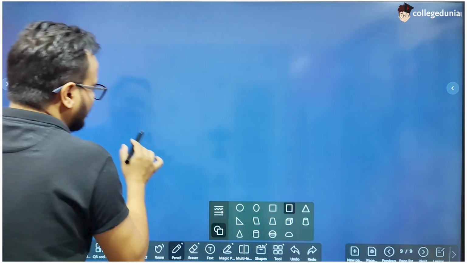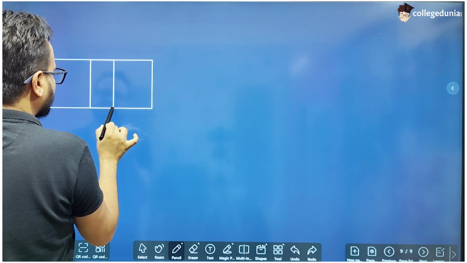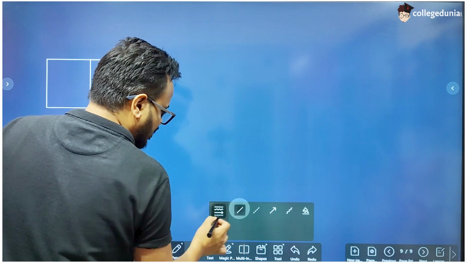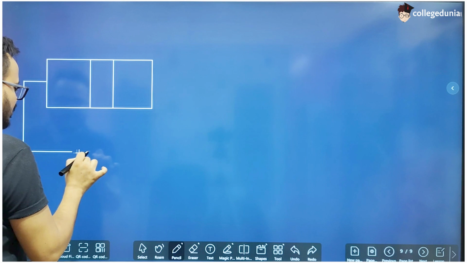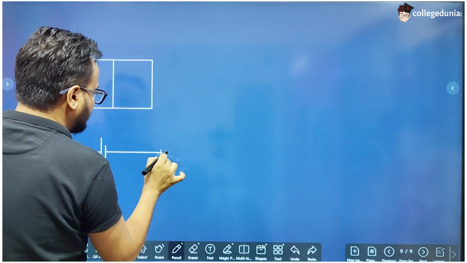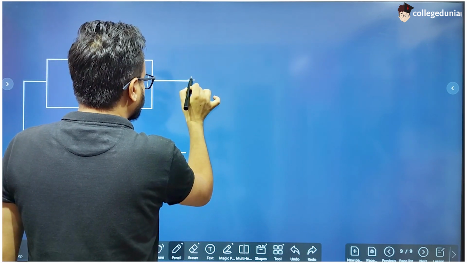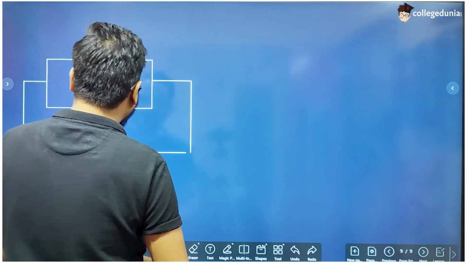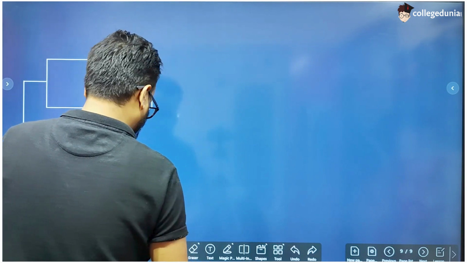Transistor looks like this. We are discussing the design of the transistor, how the transistor is made. A transistor is generally called a triode. A diode is something which has two ends, but a triode is something which has three ends.